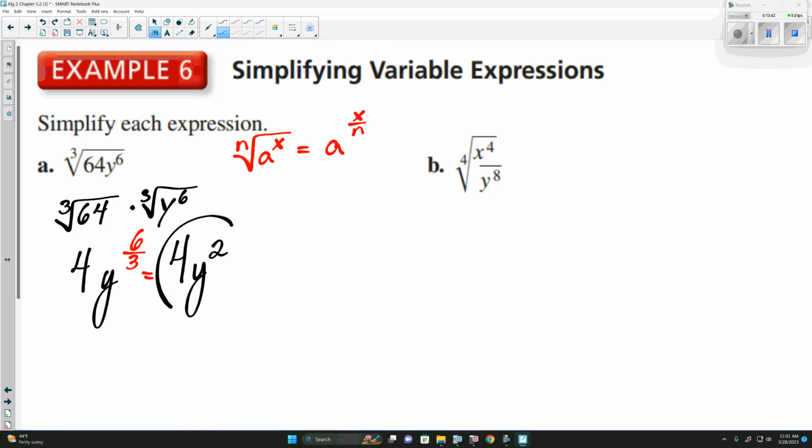Since we don't have any more fractional exponents, the cubed root of 64y to the 6th is 4y squared. Now, because the variable has this square, we don't need the absolute value bars with it. And also, since we're taking the cubed root, we don't need the absolute value bars either.